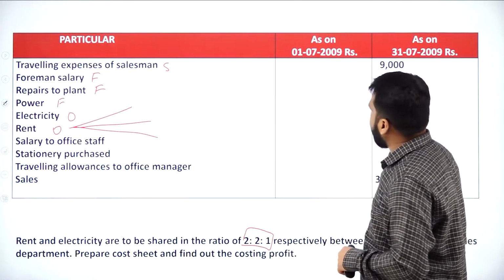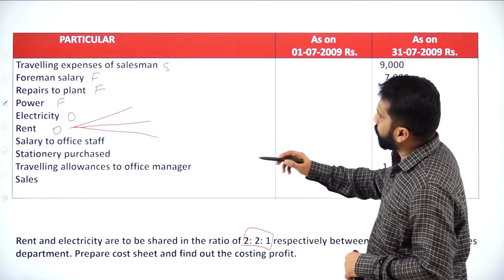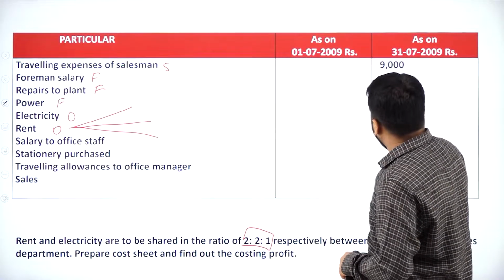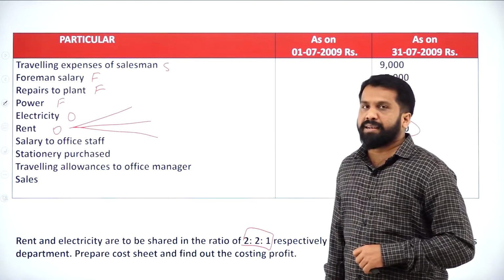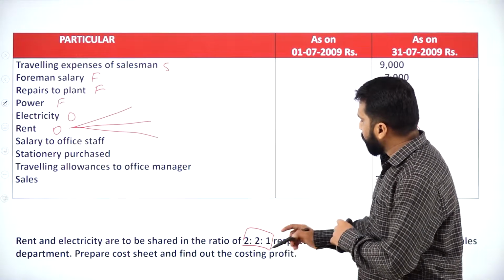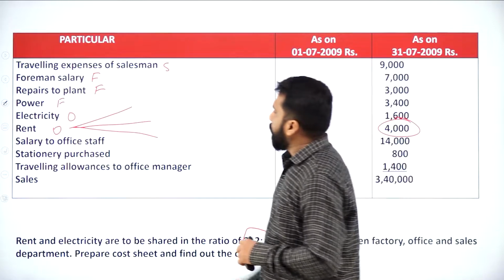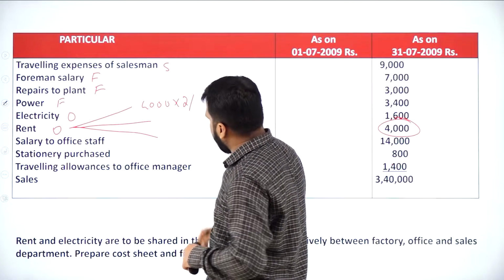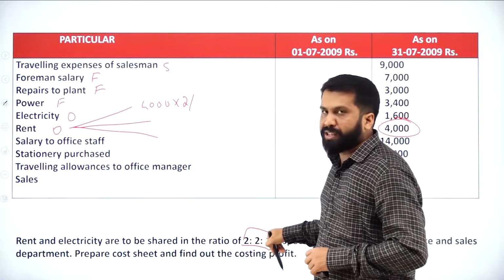The rent value they have given is 4,000. What is the ratio? 2 is to 2 is to 1. Now, you have 4,000 multiplied by 2 divided by 2 plus 2 plus 1, that is 5.